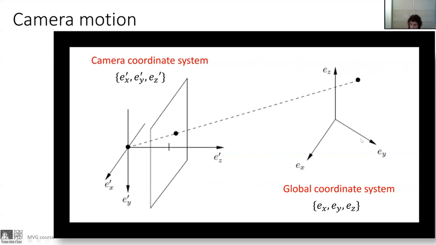So from now on, all camera movements and the scene points will be related to this global coordinate system, which is denoted by EX, EY, EZ.